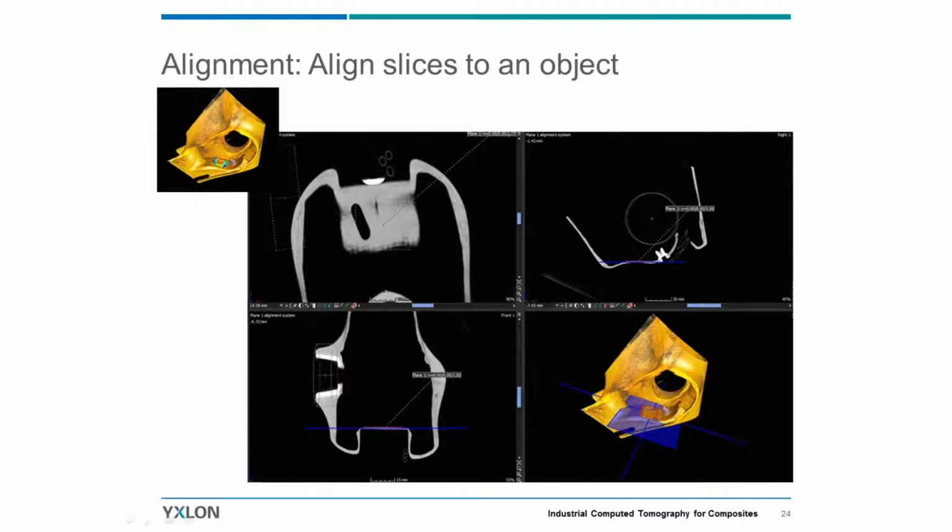It's a straight flat area. If you want to look at this area only, you can identify that area and align the data set to that plane. Then the four windows show a cross-section parallel to that plane, and you can go through the data set and look through it in parallel.